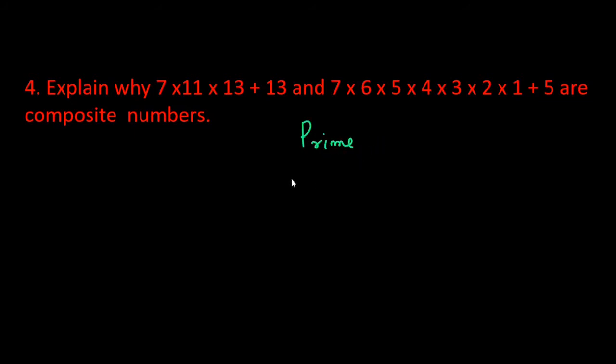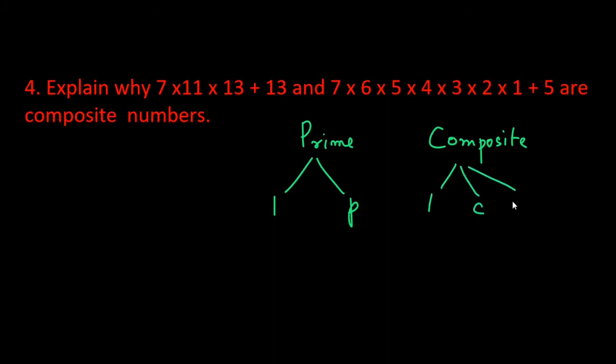Prime number has only two factors, 1 and the prime. It has no other factor. What is composite number? Composite number has 1 and the same number and several other factors, at least 1 other factor also.